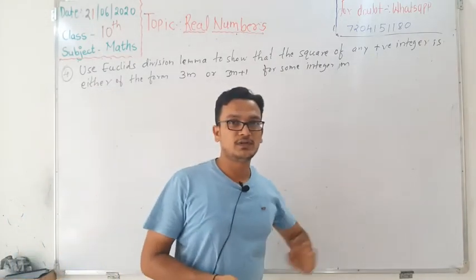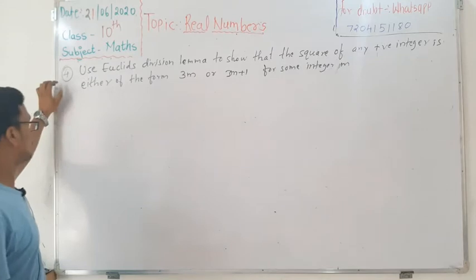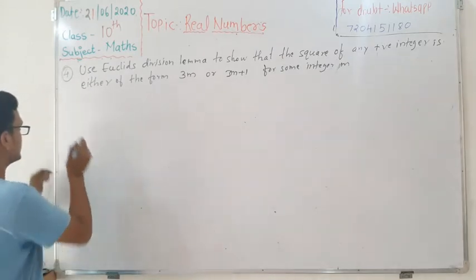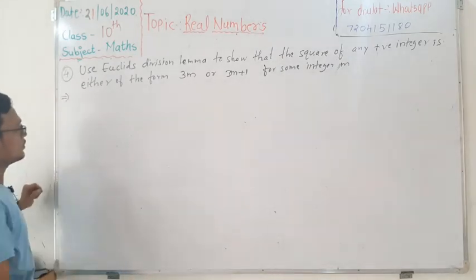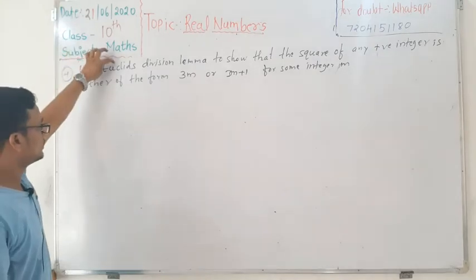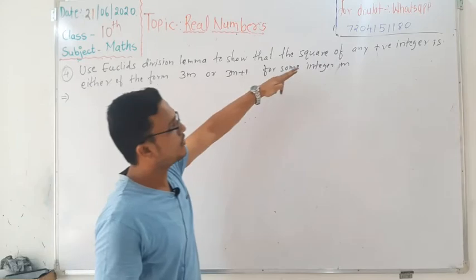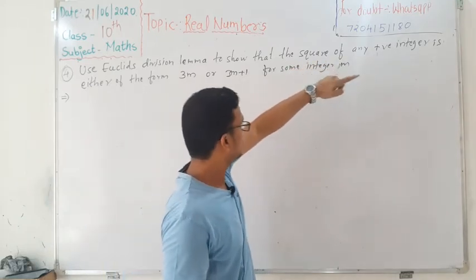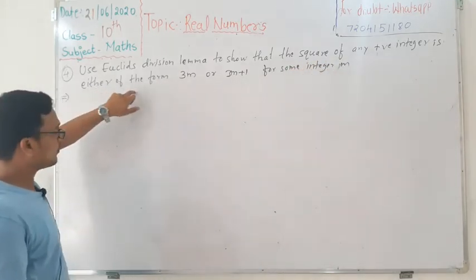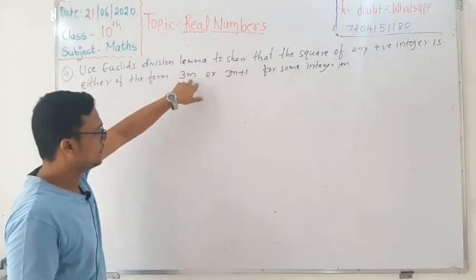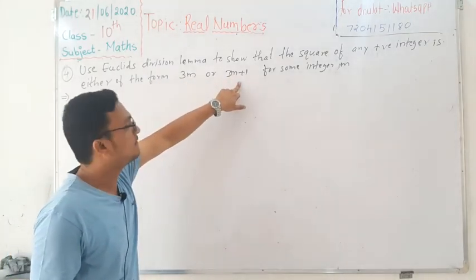Yes, now we will continue with the next question. I think that is the fourth question in the first exercise. The question is: use Euclid's division lemma to show that the square of any positive integer is either of the form 3m or 3m plus 1.